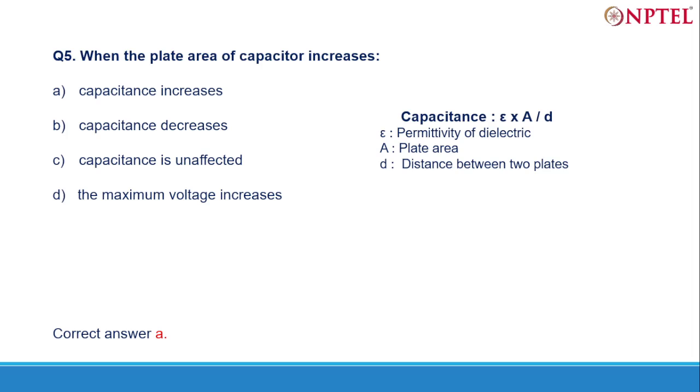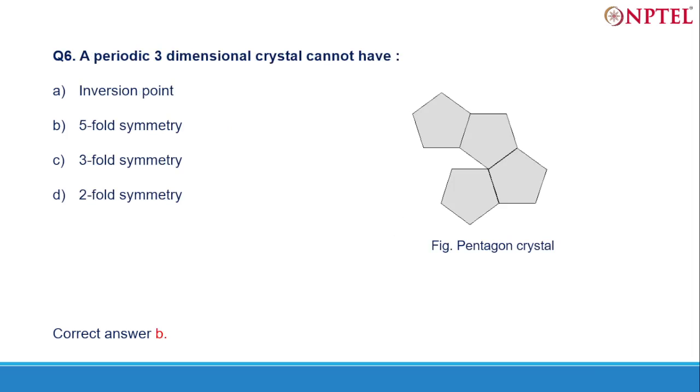Now, over to the next question. The next question asks: a periodic three-dimensional crystal can't have an inversion point, five-fold symmetry, three-fold symmetry, or two-fold symmetry.